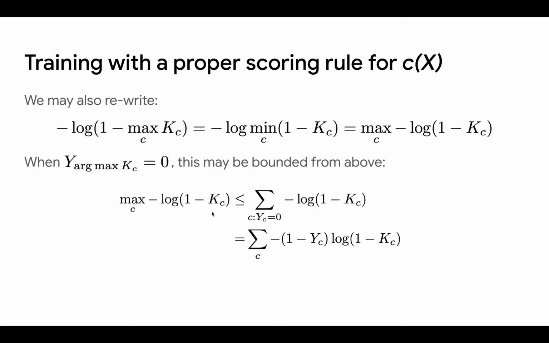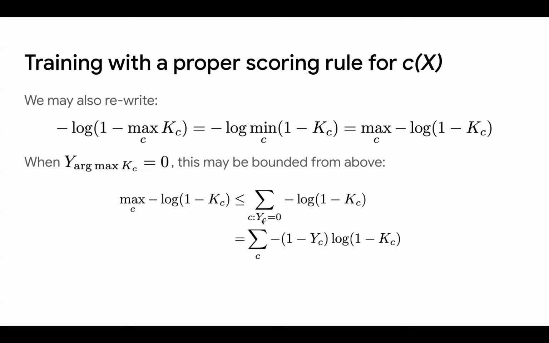Why is that? Because KC is maximized when YC is 0, because you're not predicting the right answer here, right? So this max value is subsumed in one of the summands, and therefore the summation is bounding this max value. And you can rewrite this summation as the summation over the whole C values, but you're adding this factor in the front.